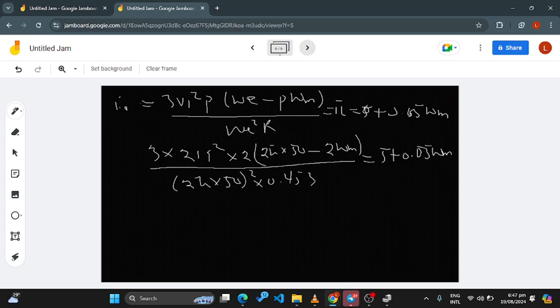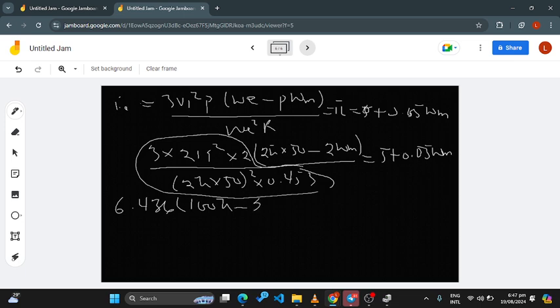So this part over here is going to give you 6.436 times 100 pi minus 2 omega m, which should be equal to 5 plus 0.05 omega m.